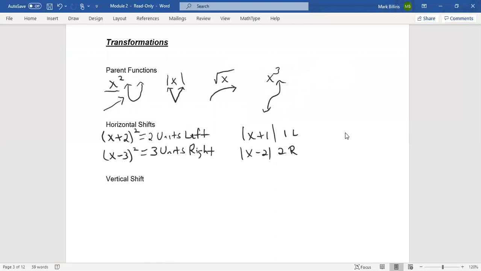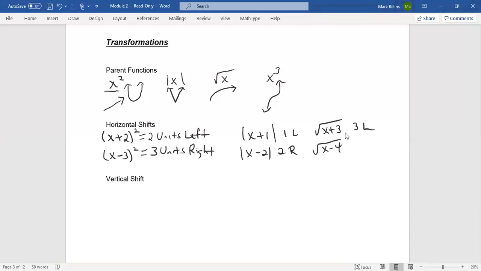And again, one last example dealing with square root. And again, notice that the value is underneath the radical sign. So in the first example, since it's addition, we're going to shift to the left 3 units.